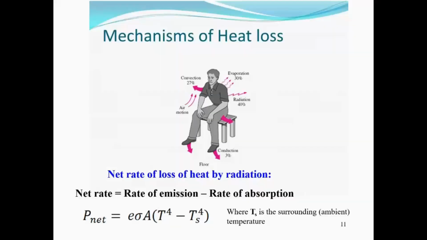So in summary, if you are just sitting down somewhere, your body will be losing heat energy through different mechanisms, four different mechanisms as we talked about. For example, 30% will be evaporation, 40% through radiation, 27% through convection, and only about 3% through conduction.